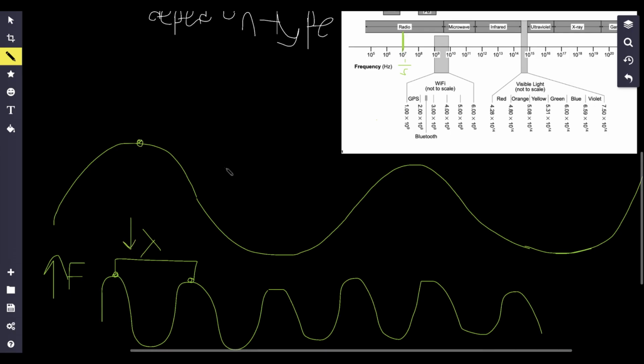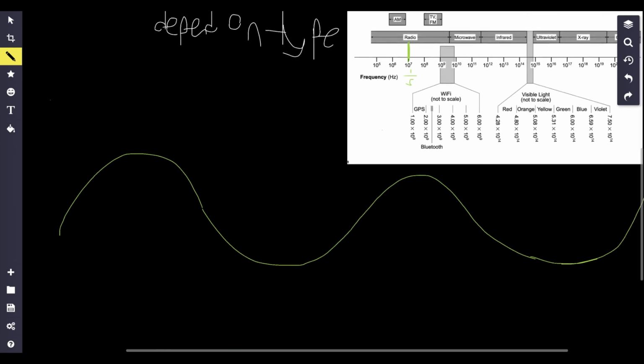Meanwhile, take a look at this first wave. Because my frequency is so low, the wavelength becomes super duper long. This is an inversely proportional relationship, meaning that as one thing goes up, the other goes down.